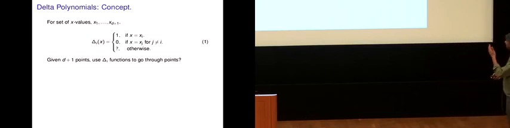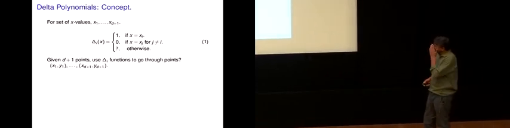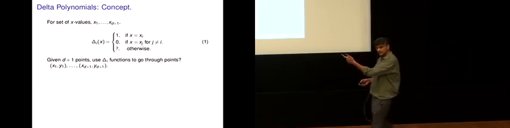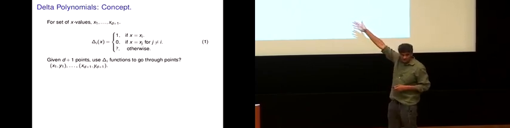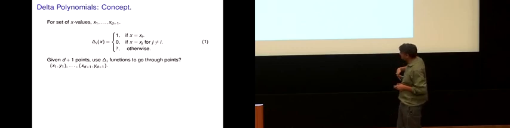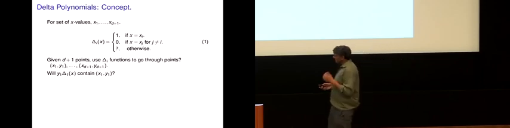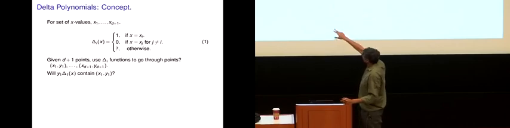Okay, given d plus 1 points, use delta i functions to go through the points. So I have these points, and now I have y values as well. Before, I just had the points, and with just the x values, I can build delta polynomials. Delta 1 is 1 at x1, and 0 at x2, x3, x4, and so on. Now, think of delta 1 of x. It's 0 at all the other points, but it's 1 at x1.